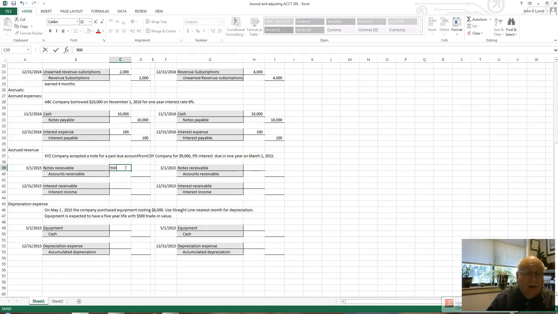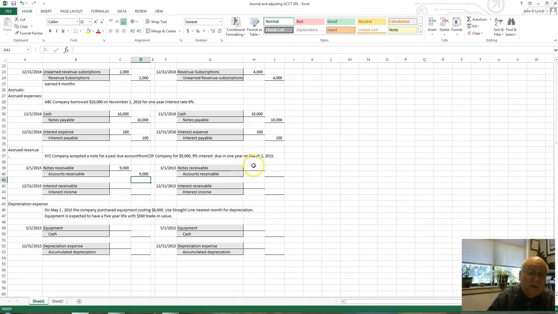So again, we put it in notes receivable, and we're going to credit accounts receivable because it was for an account that was past due. So we just give them a note instead. You'll have more on this in that chapter. But what we're interested in is the interest that you've actually earned, because you did this on March 1st.